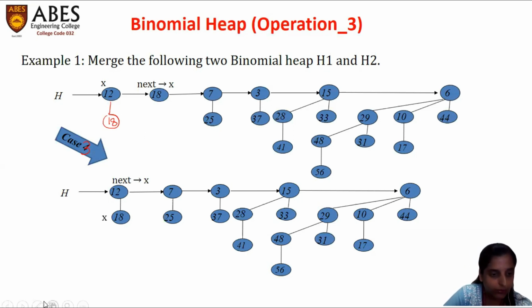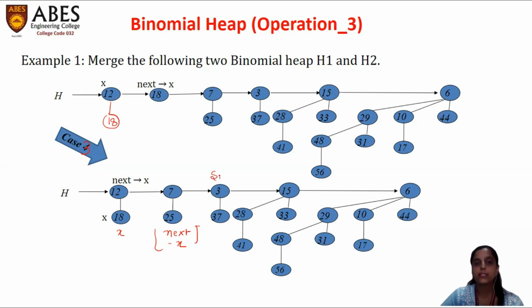Let me take my pen first. So now after this operation, this becomes my x, this becomes my next x, and this becomes my sibling of next x, right?